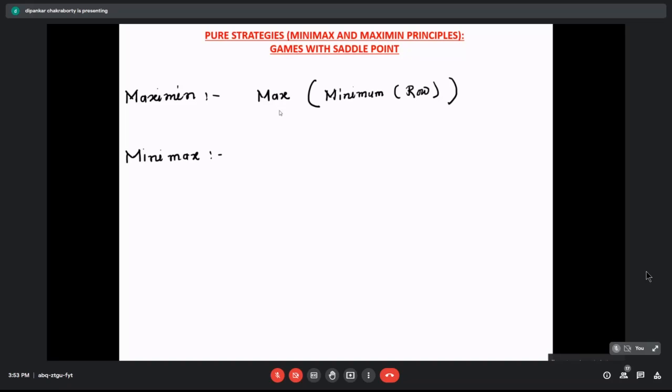B will try to minimize the loss. So first of all, B will think about what maximum loss he is going to get. So B will first take the maximum of the column. Maximum of the column, right?